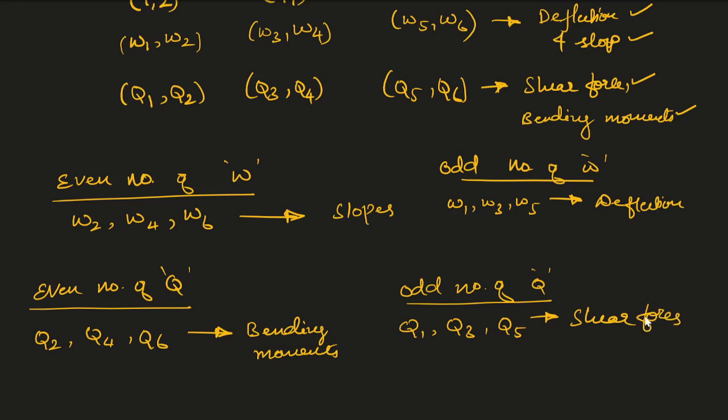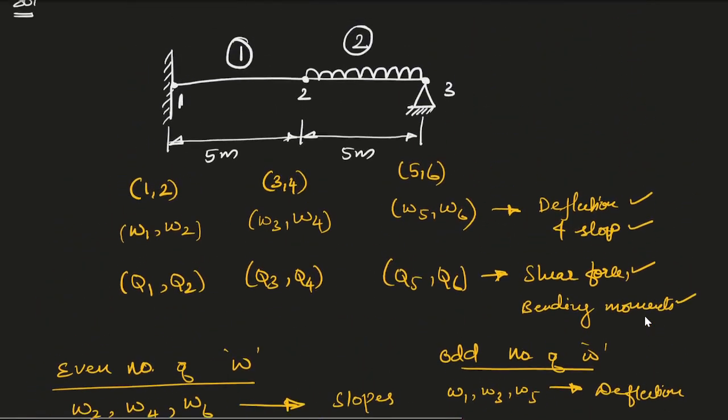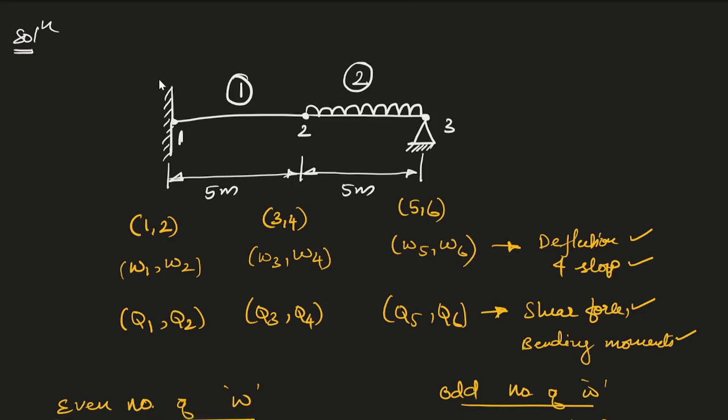Okay, so before getting into the beam problem, you should know all these parameters. In beam problem, we'll have 2 degrees of freedom per node, that is 1, 2, 3, 4 and 5, 6. And we have to find 4 parameters: deflection, slope, shear force and bending moment. All the W's represent deflection and slope.